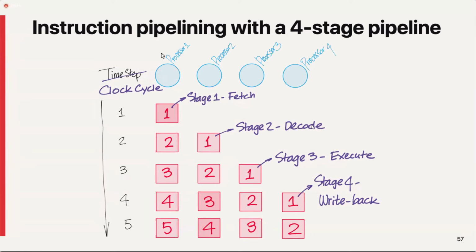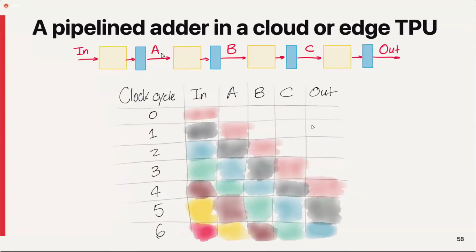And this is, of course, not only limited to a CPU design. We can use it, for example, in a cloud or edge TPU, a tensor processor unit. This is because a typical operation executing in the TPU can also satisfy the assumption that individual subtasks are only dependent on the previous subtask, making it a chain of subtasks.